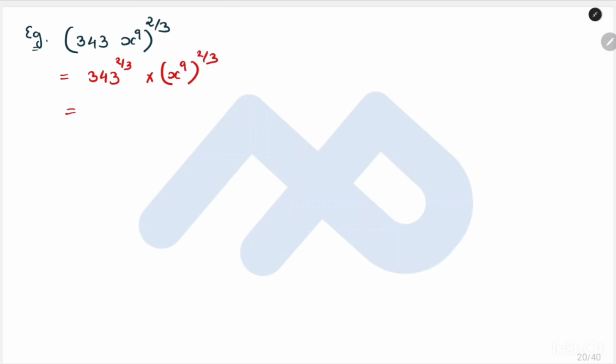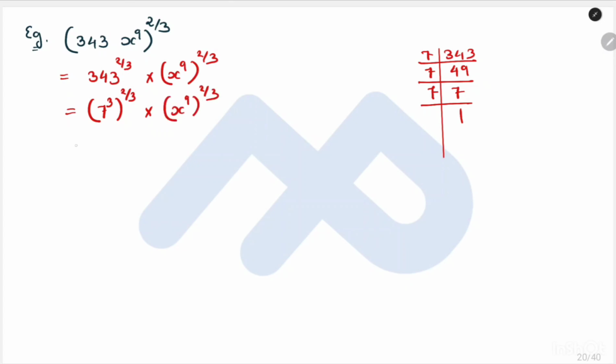Now this 343 is a number, so for a number with a fractional power, in that case you prime factorize the base. Base is 343, which is divisible by 7. 7 times 49 is 343. 7 times 7 is 49, and 7 times 1 is 7. So let's replace this 343 as 7 raised to 3, to the power 2 by 3, into x raised to 9, to the power 2 by 3.